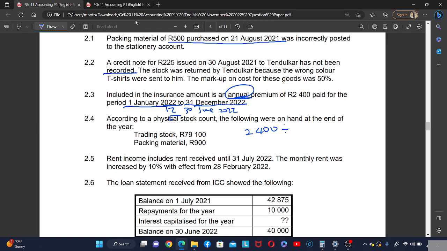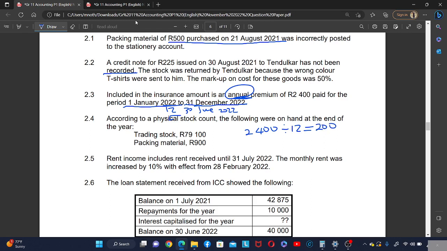Now you want to know how much is the insurance per month. You divide by 12. So 2,400 divided by 12 is 200.